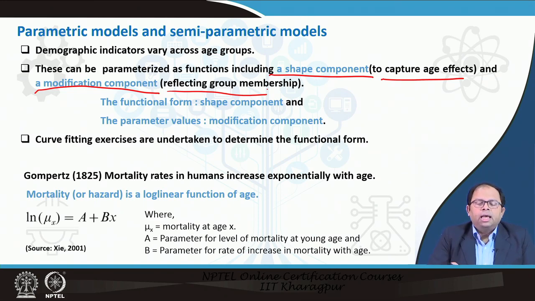What it means is there are several age groups, and because the population is in a particular age group, there has to be certain changes or considerations in the equation. So, the functional form relates to the shape component, how this growth happens, and the parameter values relate to the modification component.